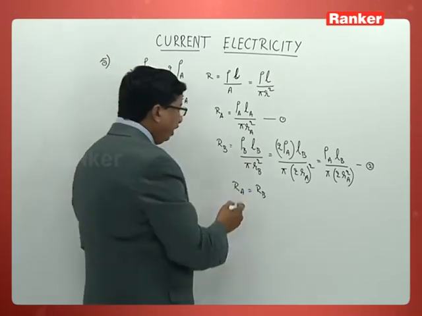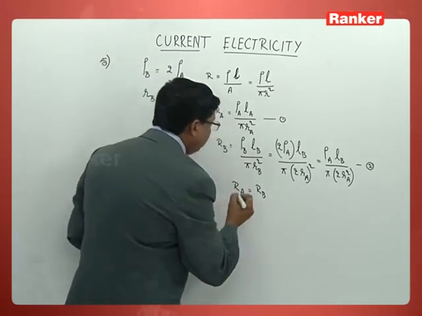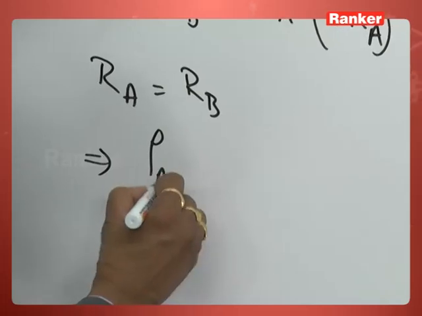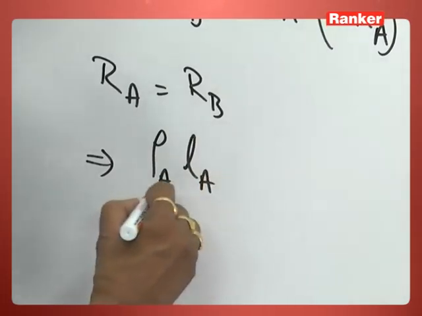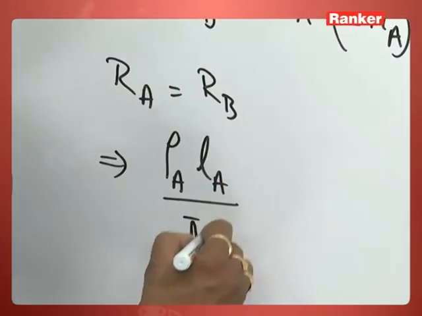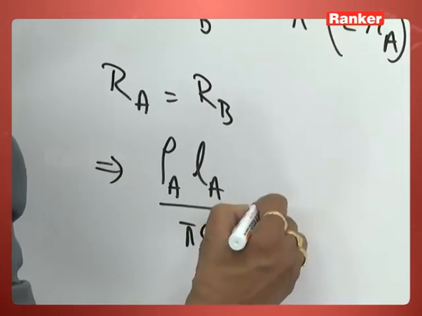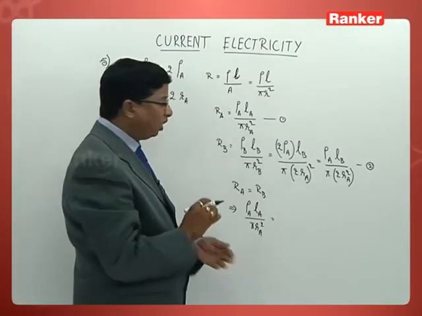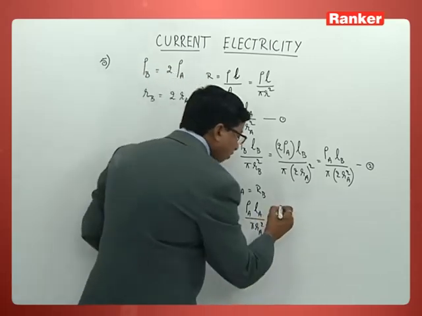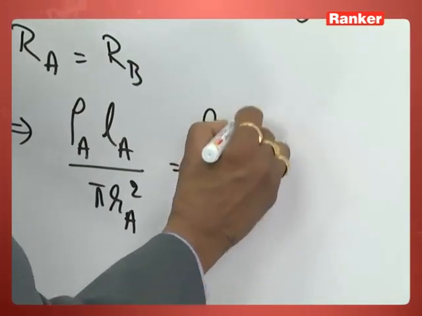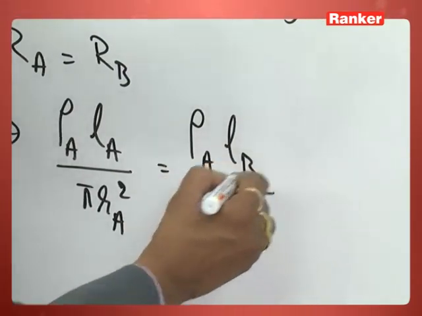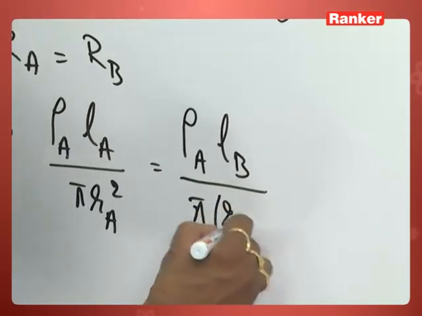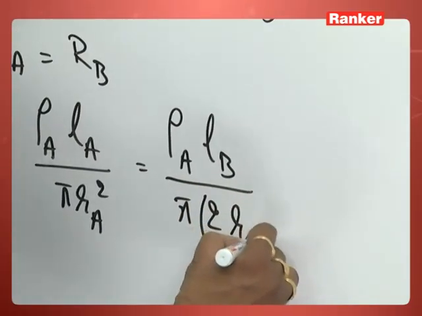When you equate them, what are you going to get? Rho A LA by pi RA square, that is the first one. What about the second one? Once again rho A, this time LB by pi into 2 RA square.